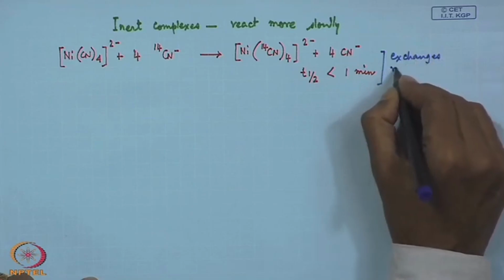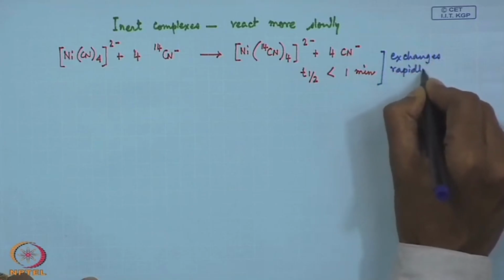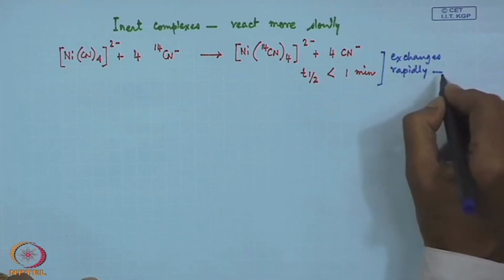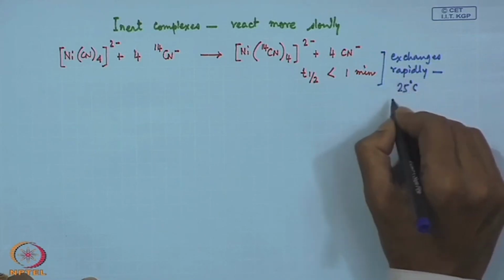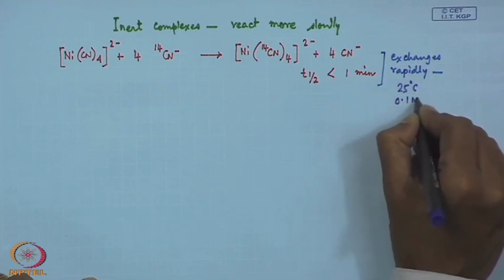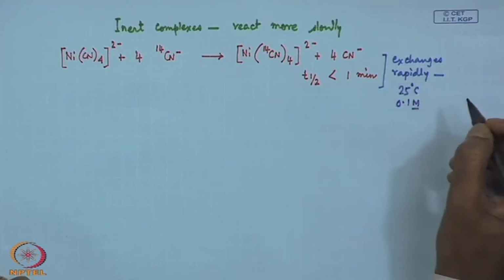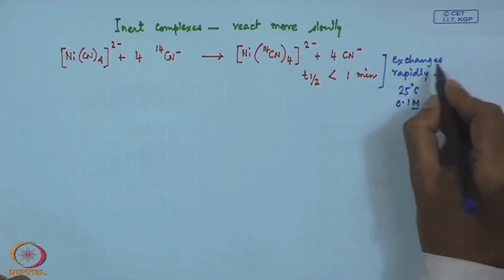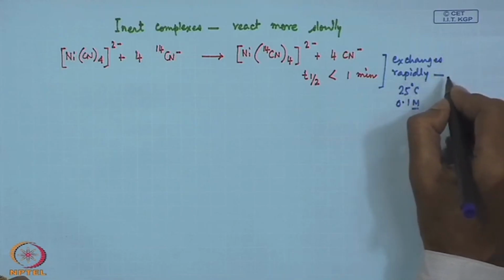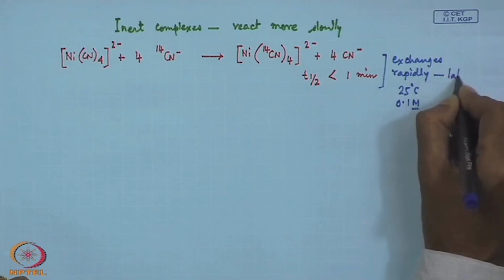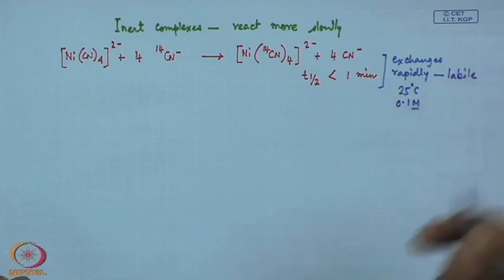It exchanges rapidly. So, at a temperature of 25 degrees centigrade, with the metal ion and the ligand concentration at 0.1 molar, we find that the corresponding t half value is less than 1 minute, and the reaction exchanges quite rapidly, and therefore we consider this as a labile complex.